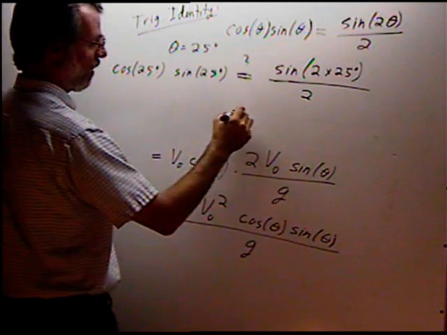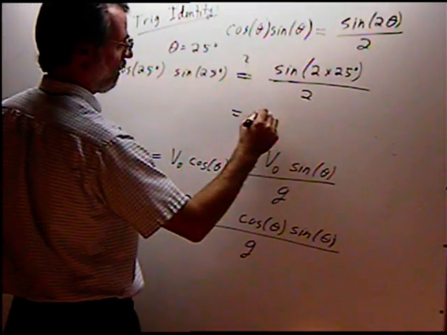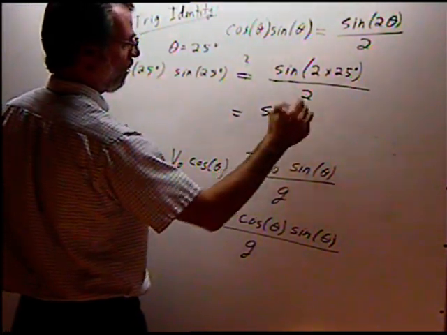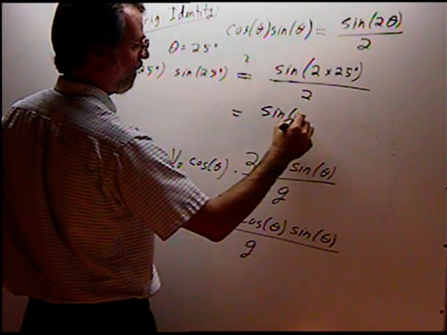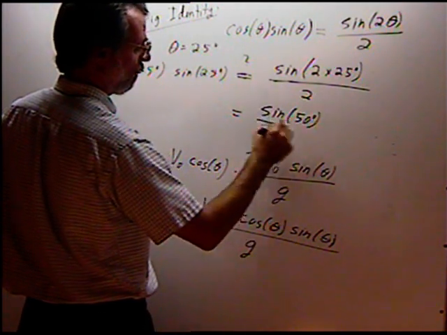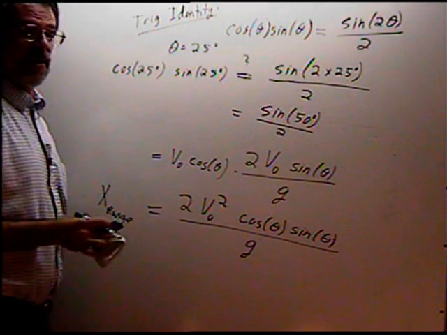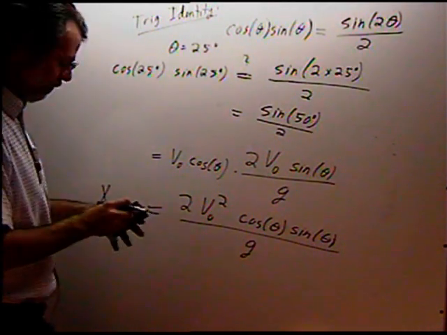Notice it's 2 times the angle. The right-hand side is the sine of 50 degrees divided by 2. Okay, take out your calculator. I have mine.